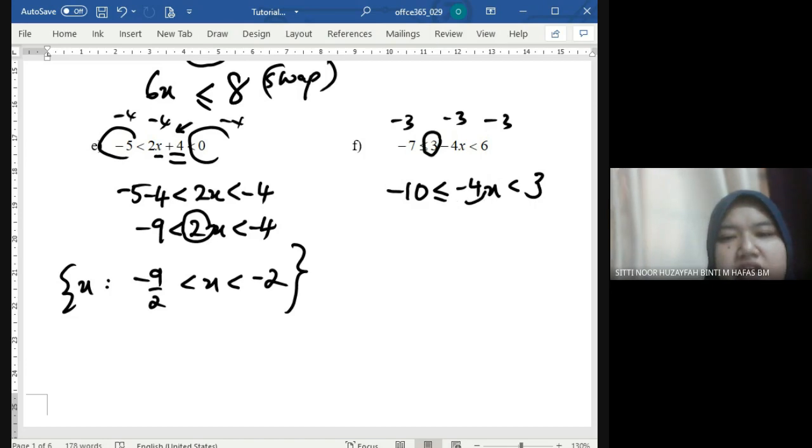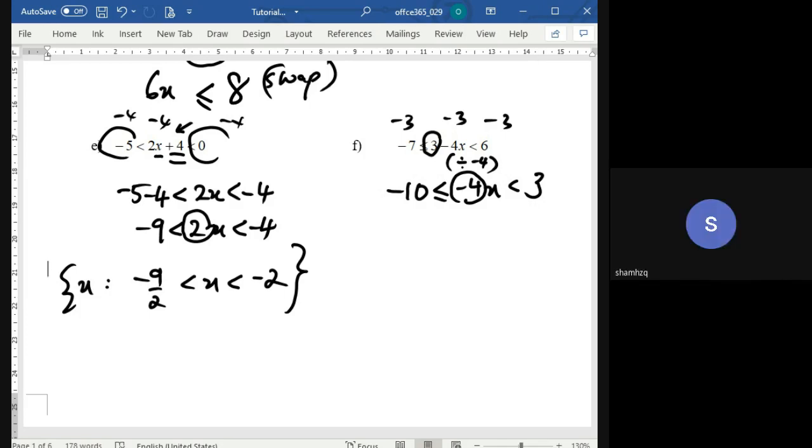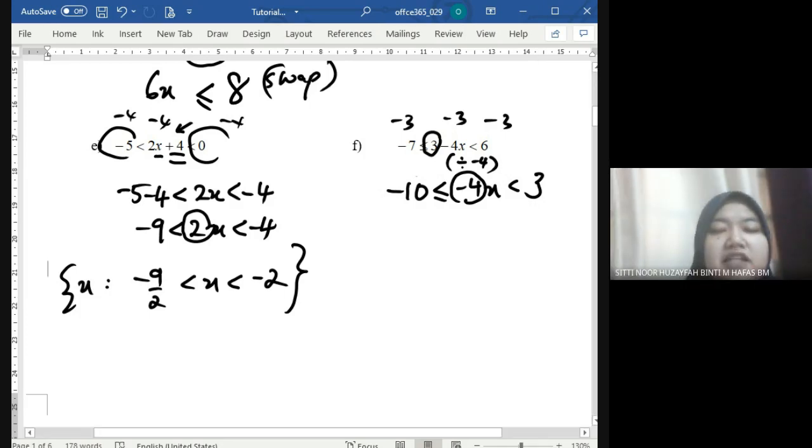So sekarang kita nak eliminate negative 4 ni. Bila nak eliminate negative 4 maksudnya apa? Kita akan bahagi dengan negative 4 juga kan? Betul tak? Kelas. Betul. Bila bahagi negatif 4, apa kita kena buat? Semuanya bahagi dengan negatif 4. So, sign kita akan, ingat tak?